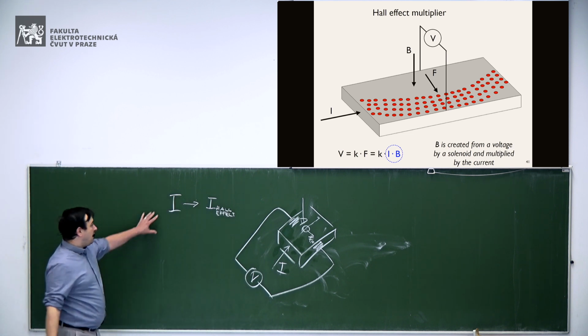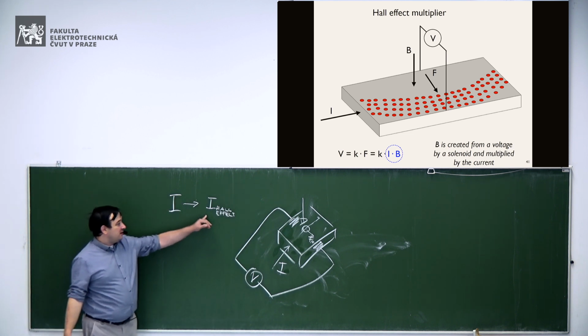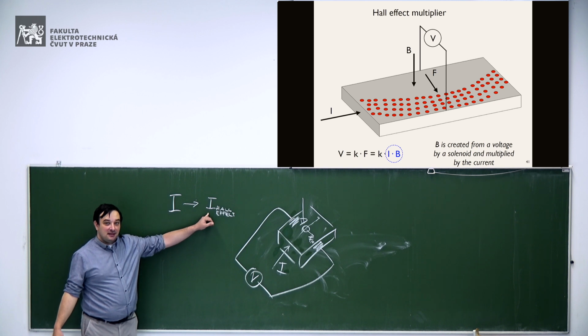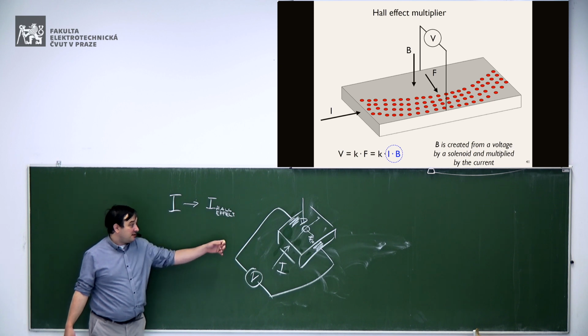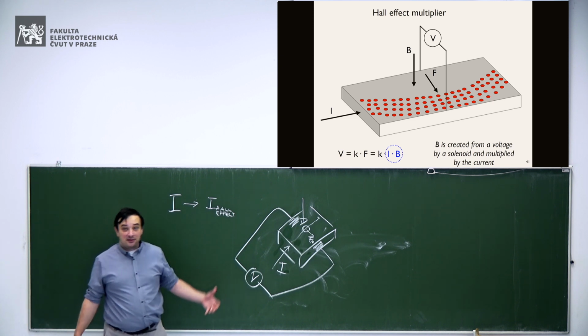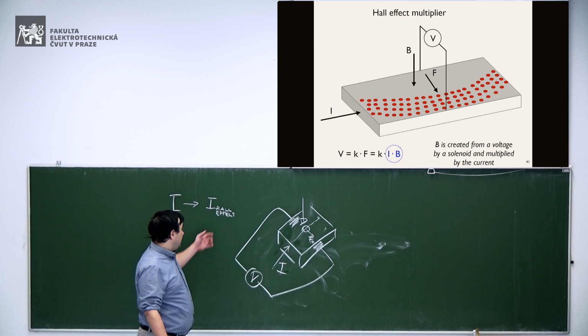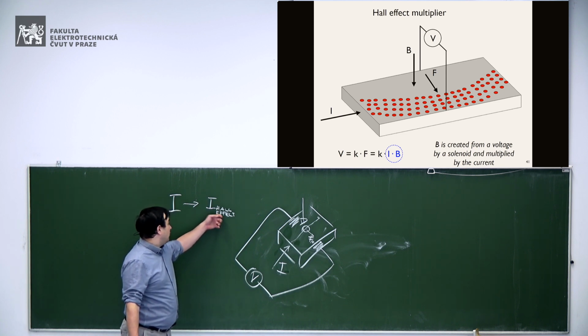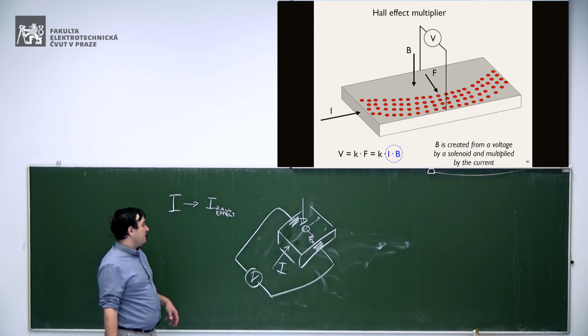Okay? So this is the current. It will not necessarily be the same current. You might change it simply because the current that you inject in the Hall effect sensor must be smaller than the current that you want to measure, right?